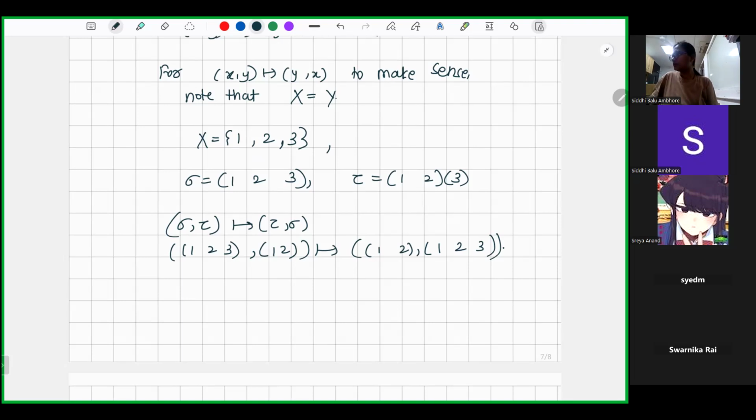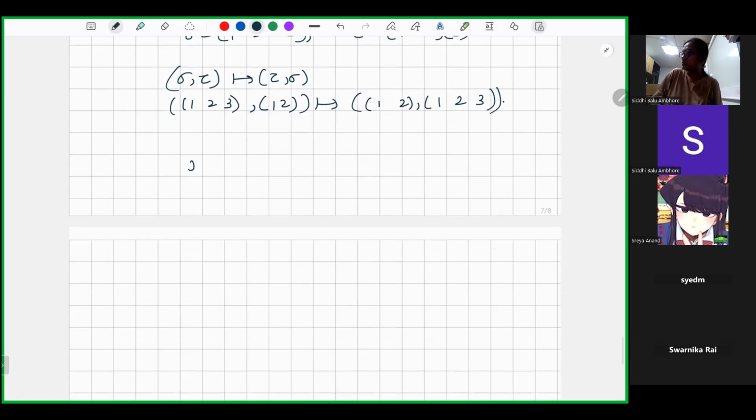And then we have to calculate. So essentially we have this sigma going from xy to yx on x cross x, with cardinality of x as m.